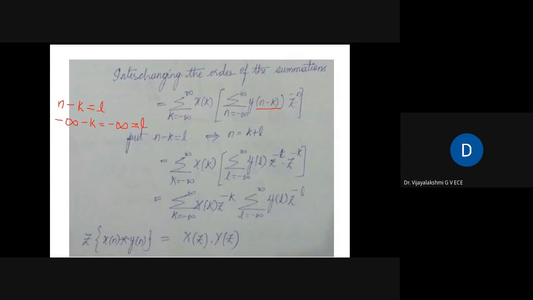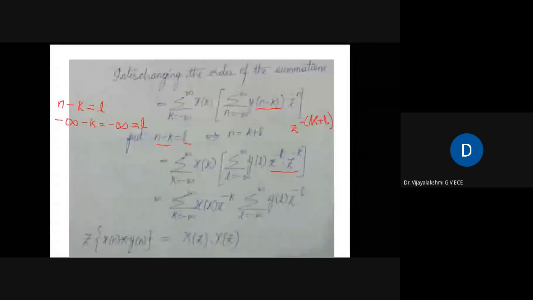Then y of n minus k. What is n minus k? We have substituted it as L. So y of L, and here I have z power minus n. What is n? If n minus k is L, n becomes k plus L, right? So minus n is minus of k plus L. So we have separated these two terms, z power minus k and z power minus L. Now we'll reorder the terms as per the index.